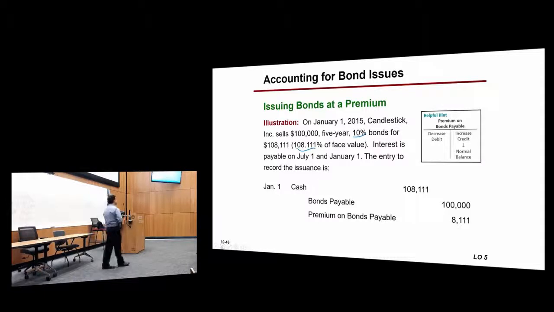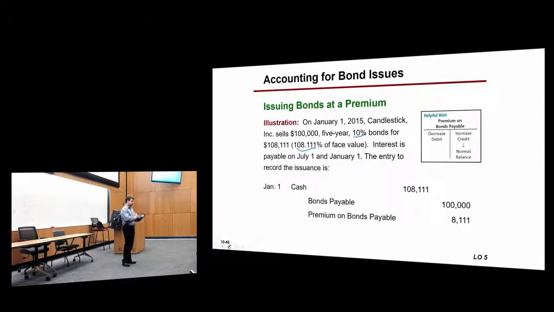Now, premium on bonds payable is an adjunct account. You don't need to know more about that at this point, so let's keep it at this. It simply is added to that liability. It will have a normal credit balance, unlike discount on bonds payable, which has a normal debit balance, so that one is a contra account.